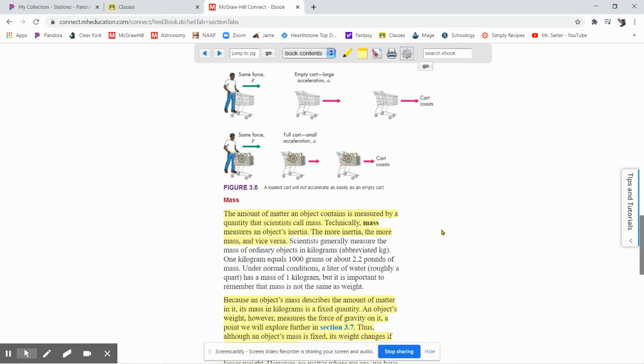It has a large mass, and that gives it more inertia. On the other hand, you can slide a chair across the floor a lot easier. It's because it has less mass, and therefore the inertia is not as strong. So mass does measure an object's inertia. The more inertia, the more mass, and vice versa.